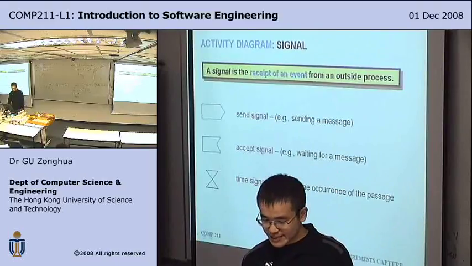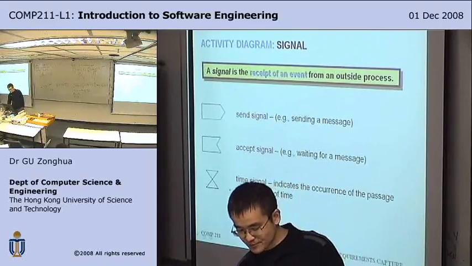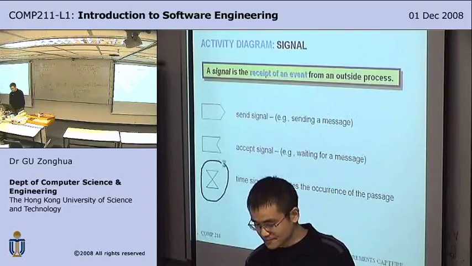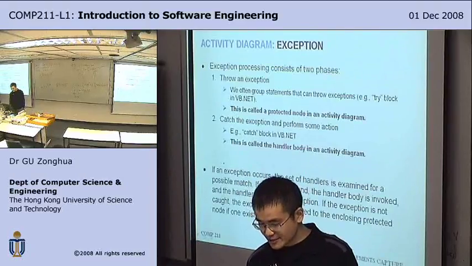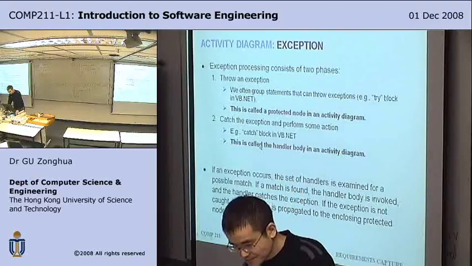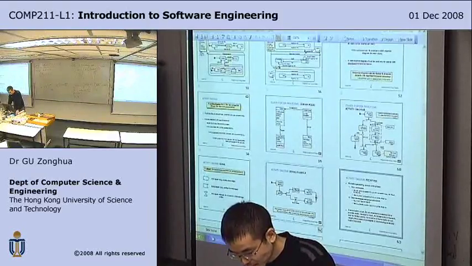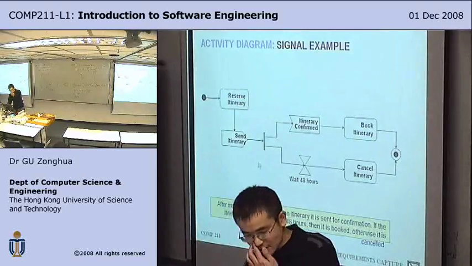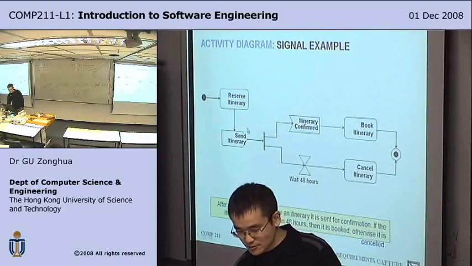So you may accept, and wait. This is a classic wait icon. You may have exceptions. Here's the signal example.